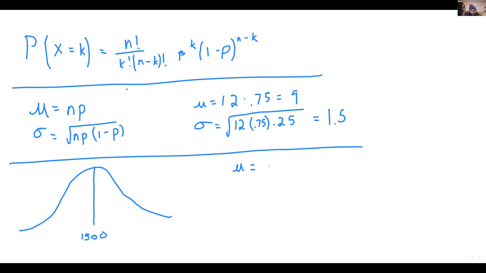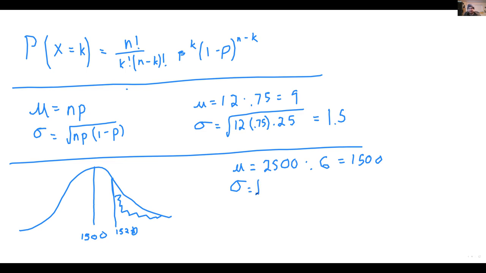And as a fixed number of observations, 2,500 is my sample. So mu here is going to be NP, 2,500 times 0.6, that's 1,500. So I have a mean of 1,500. I'm looking for 1,520 or greater. That's 20 above the mean. So I need the standard deviation.